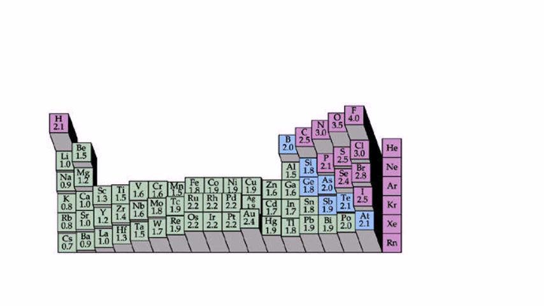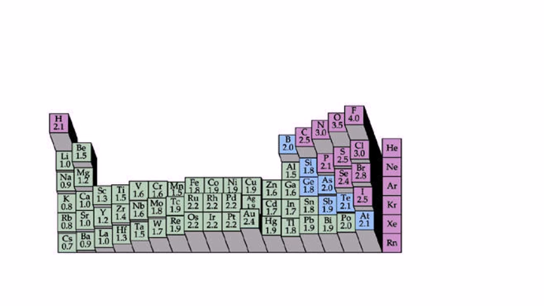And we know metals have very low electronegativity, and as we move to the right, we're moving toward the nonmetals, which are more electronegative in general. Electronegativity also increases as we move up on the periodic table. So it generally increases as we move right and up, and that is the general trend.